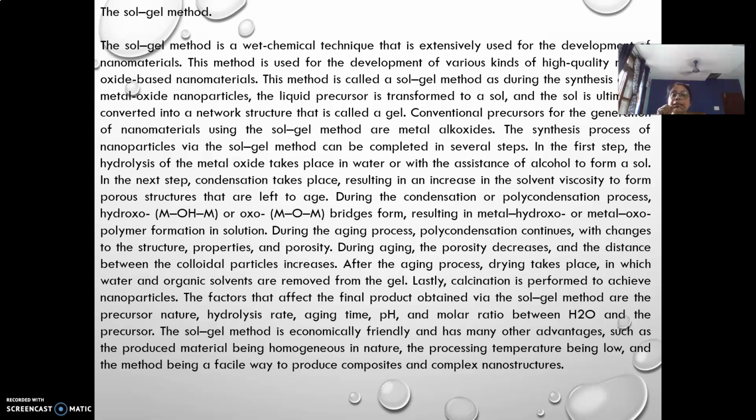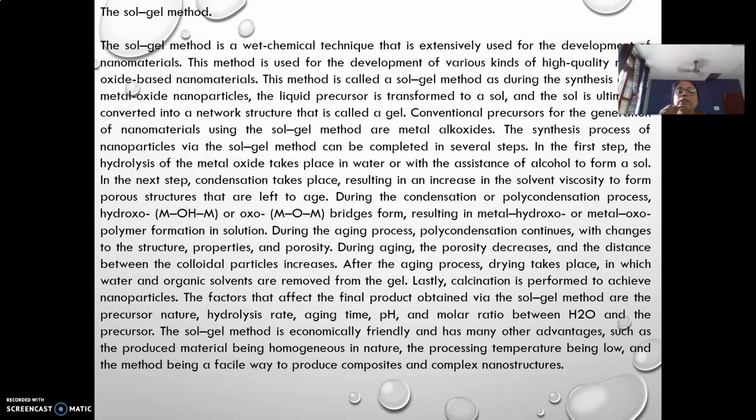So in the synthesis of nanoparticles with the sol gel method, it sometimes involves utilization of some other reagent along with the parent materials of which you want to prepare the nanomaterial. Suppose you want to prepare titanium dioxide, then along with a precursor or a reagent based on titanium, you may have to use some other material which can act as a glue.